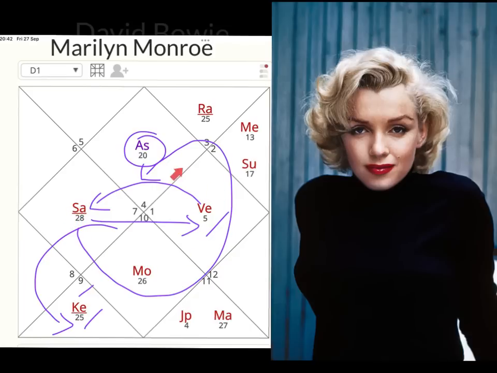But this aspect to her 1st house, her lagna, her brain, shows that there was probably some genetic factor happening. But here's the thing. It would manifest in Saturn Mahadasha because this is Saturn's site aspect. But she died before her Saturn Mahadasha, which would have been in her 40s.